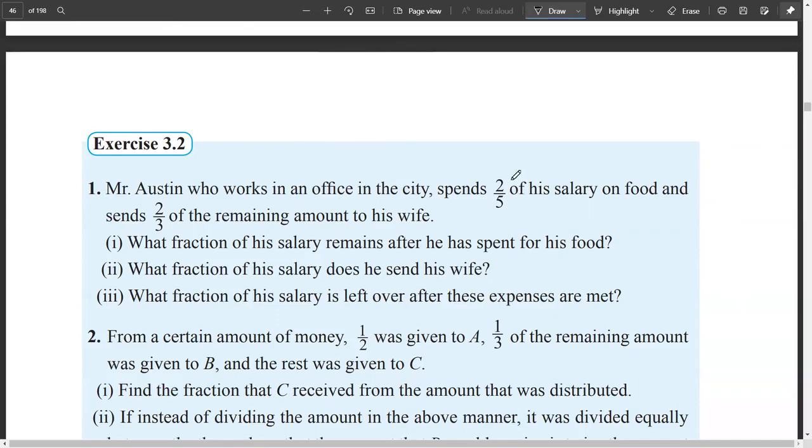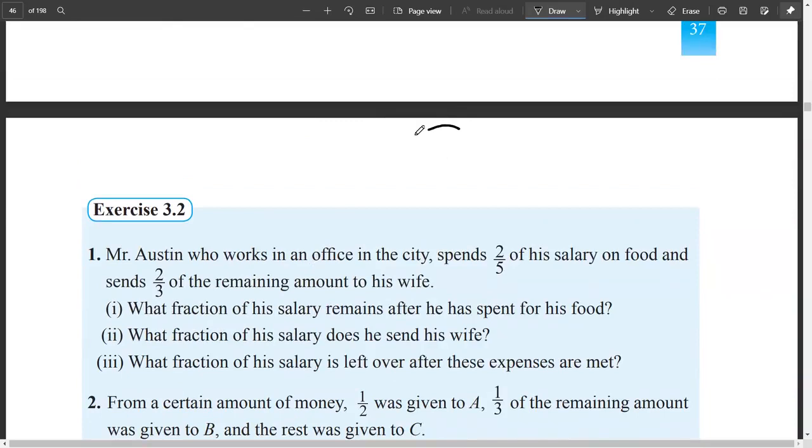So he spent 2 over 5 of his salary on food. So he has a salary like this. Let's assume there are 5 parts: 1, 2, 3, 4, and 5. Assume that all these fractions are equal.